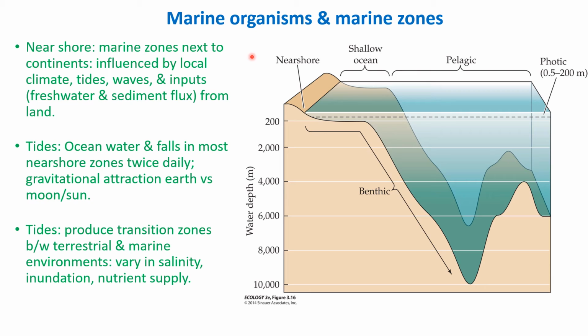In this transitional zone from high tide to low tide, you are going to see a salinity gradient, a salinity variation, and also a variation in the duration of inundation, meaning how long a particular part of the tidal zone remains underwater in a given day. And also with the bidirectional movement of water into the tidal zones, the nutrient supply also varies.